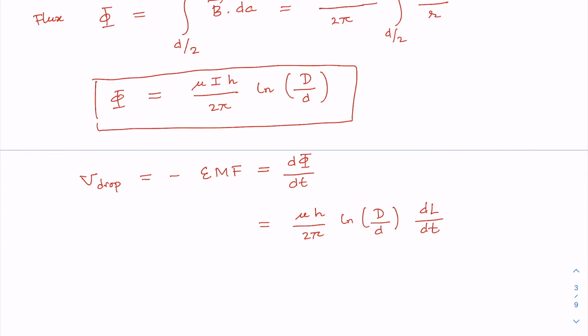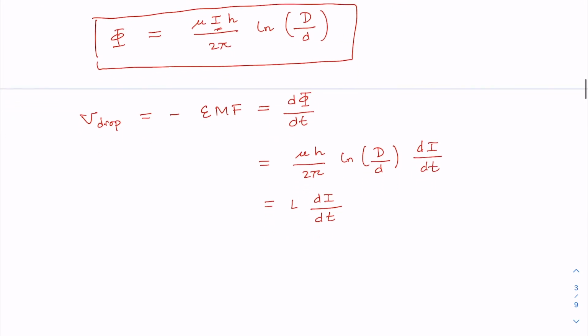Sorry, dI dt, because this is the current. This EMF is actually equal to L dI dt. The voltage drop across the inductance is L dI dt.